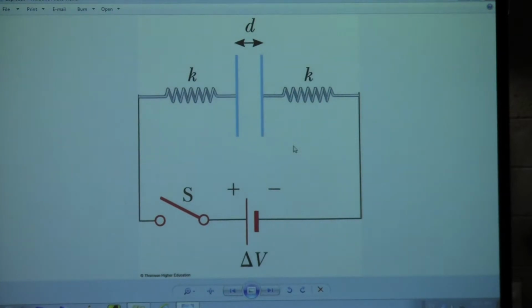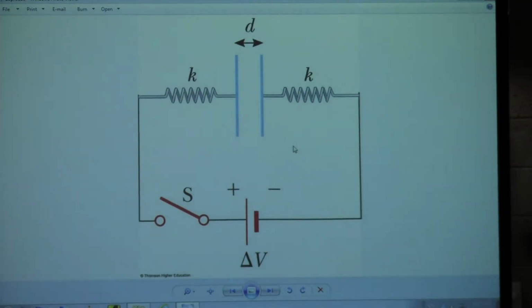That gives it a capacitance of 2 microfarads. When the switch is then closed, the distance between the two plates is reduced by a factor of 0.5. A. How much charge collects on each plate? I'll just stop there.